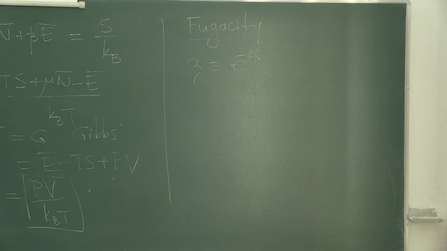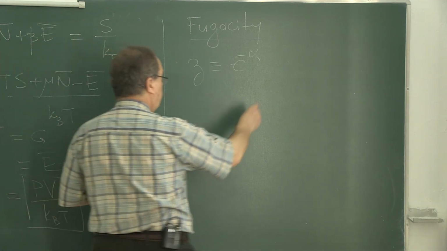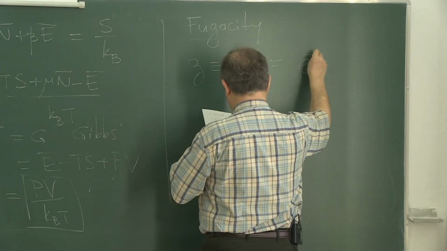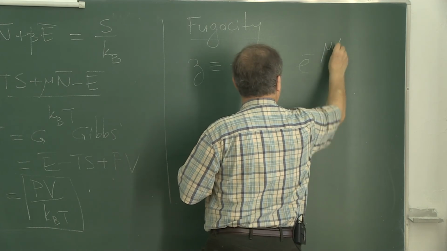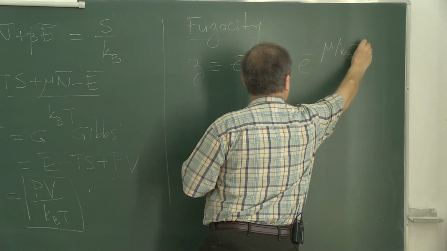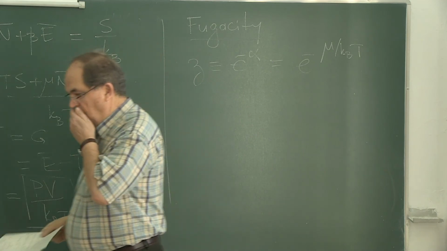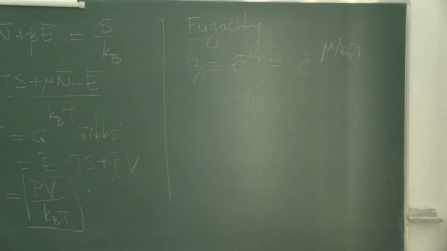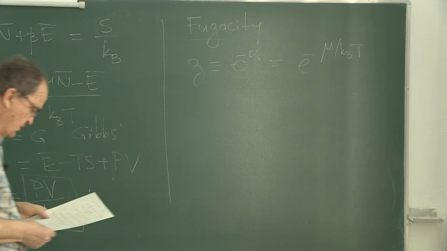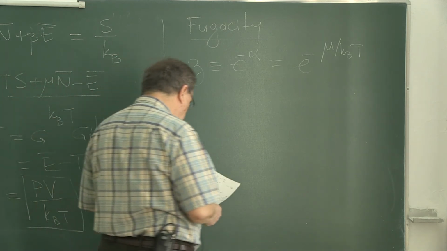So putting what alpha is, it is e to the mu over kBT. I will tell you a little bit about the physical meaning of this quantity. This is just a definition. Okay, very simple definition of fugacity.